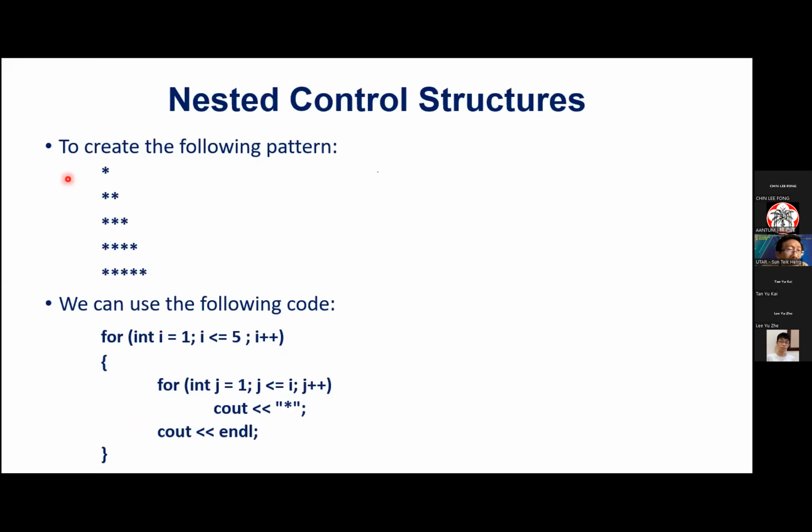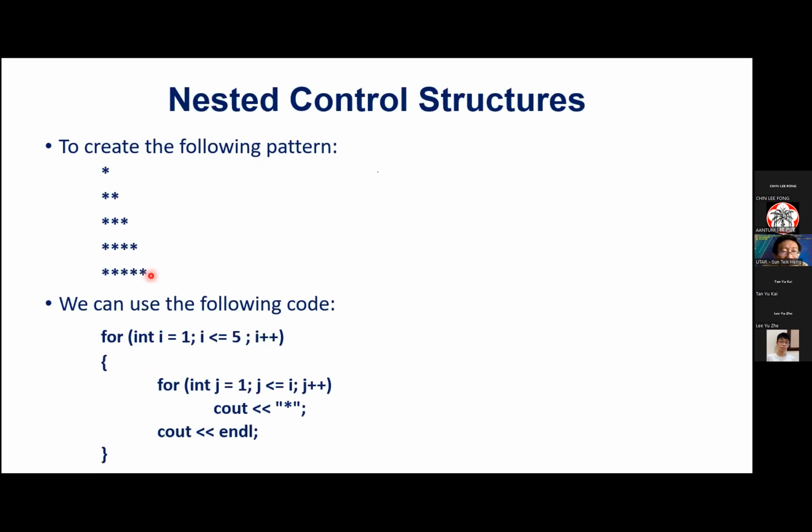But if you observe carefully, the first line has 1 star, the second line has 2 stars, the third line has 3 stars, and so on. The fourth line has 4 stars, and the fifth line has 5 stars. It means that inside the body of the outer for loop, we are going to print the stars. So we can use a for loop here to print the stars in each line.